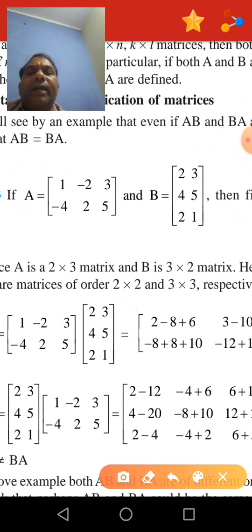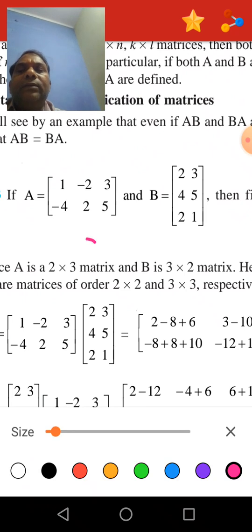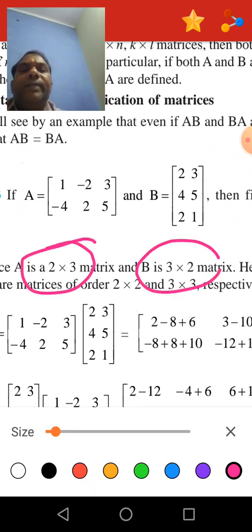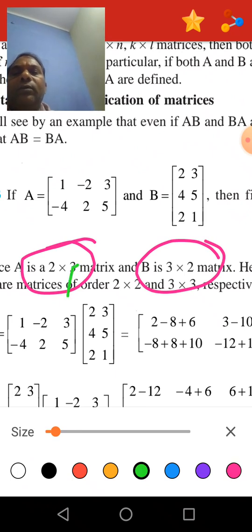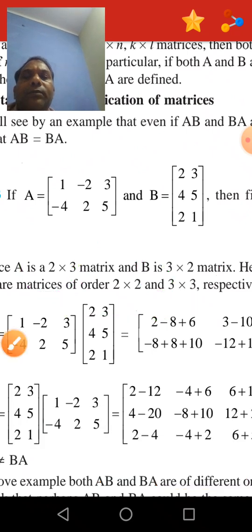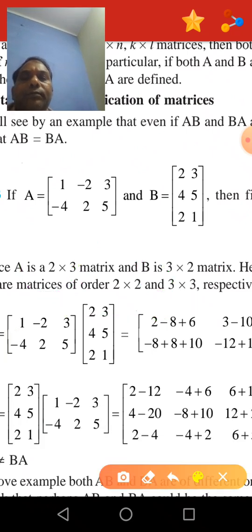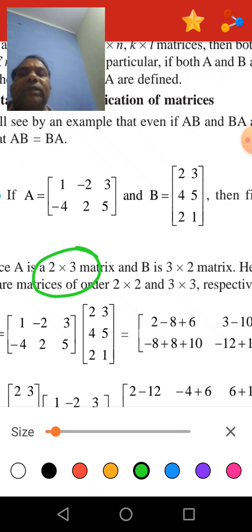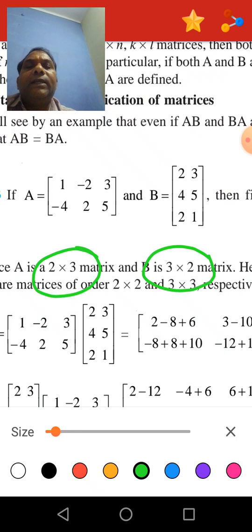The order of matrix A is 2 by 3 and the order of matrix B is 3 by 2.